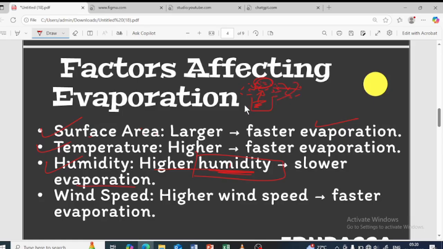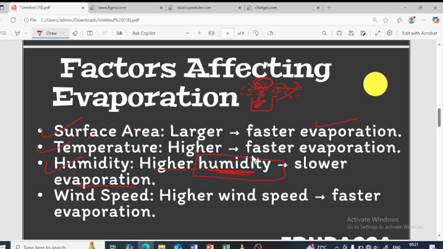It has to go, right? Then only can these water vapors enter this atmosphere. Am I right? Yes. So when the humidity is more, the evaporation is less, because the air around us cannot hold more water vapor at a particular temperature.